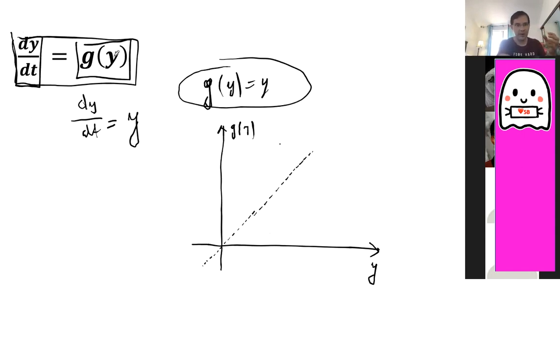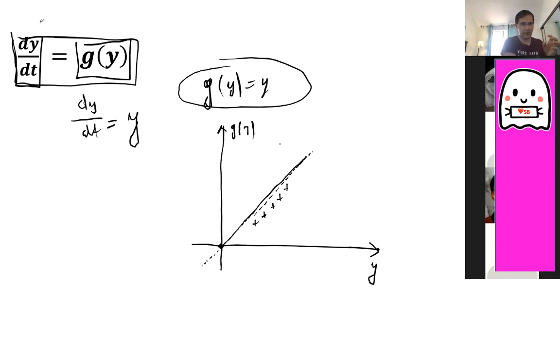So g of y is the derivative, and we know that when the derivative of a function is positive, starting from 0, the function will be increasing. So let's see how we can think of this, even if we don't have the direction field.